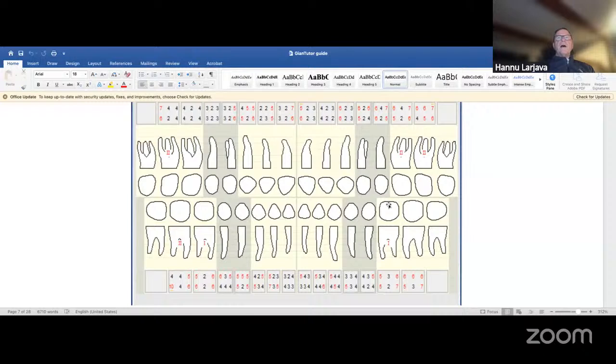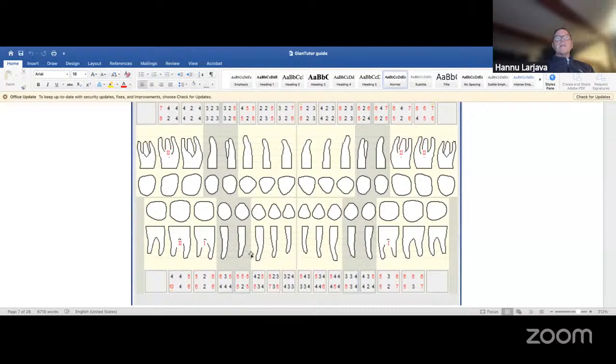So in our school, we tend to put any probing records that are 5 and above in red, as you can recognize in the charting.